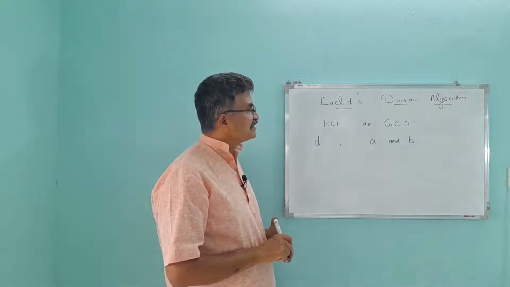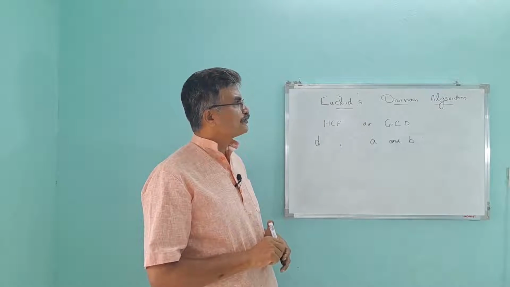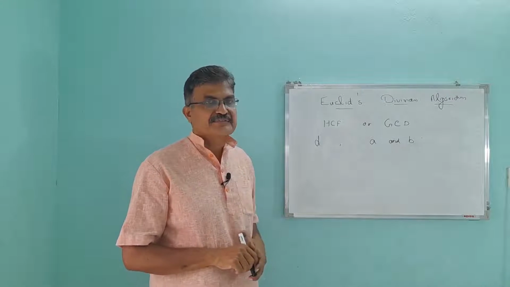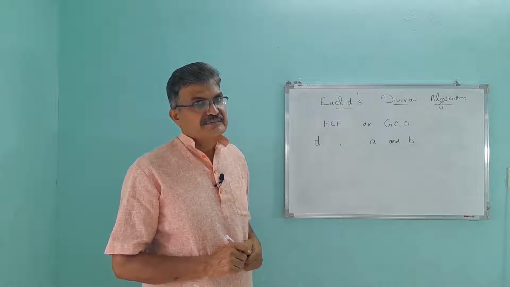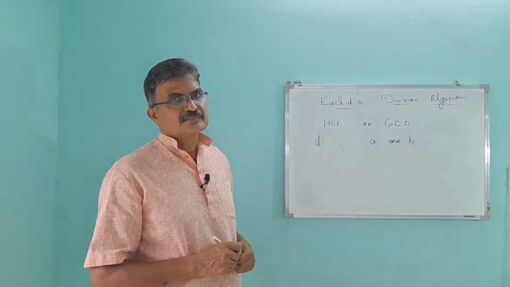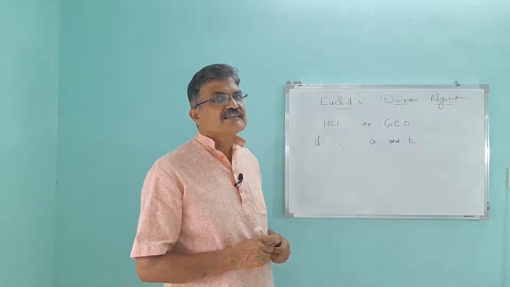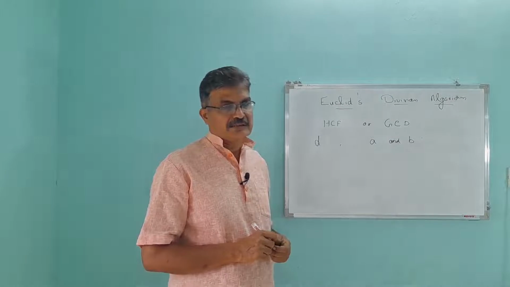In order to find the HCF or GCD of two numbers using Euclid's division algorithm, we use Euclid's division lemma. I have already told you what Euclid's division lemma is.